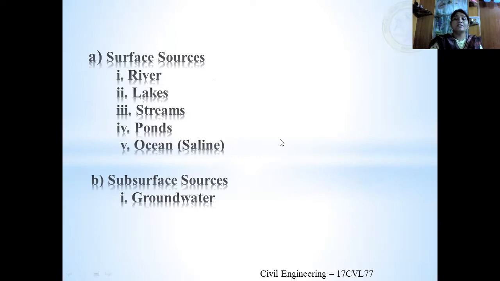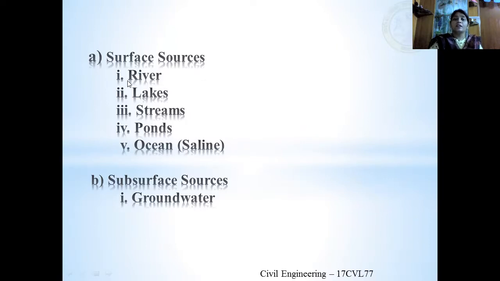The utilization is not there, only in cases where there are no other surface sources do they go in for ocean water, where the desalination process has to be done, and then that water has to be utilized. But we mainly depend on these surface sources or freshwater resources.